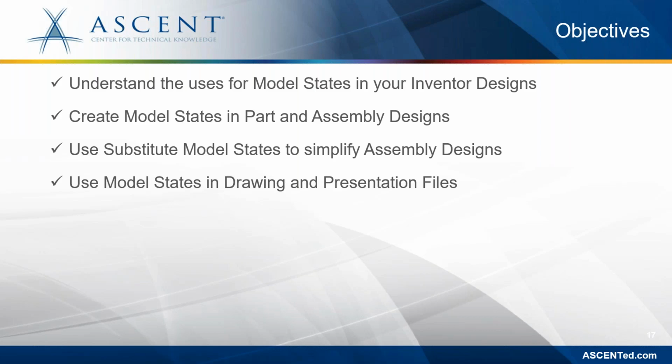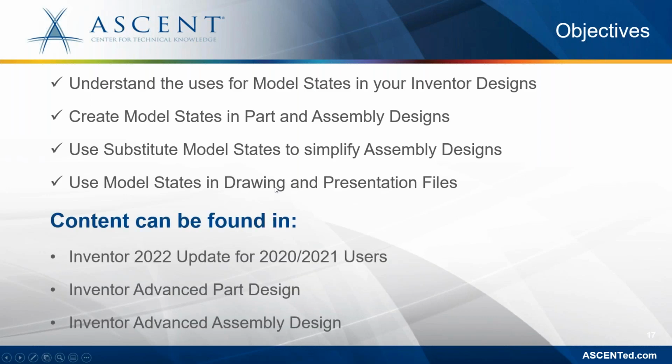We used substitute model states as well to simplify the housing in our mechanical pencil. And then finally, we did a quick demonstration on the drawing side of things. And in terms of presentation, it works very much the same way, where you're presented with a dialog box to select which model state you need to activate to show in your scene.